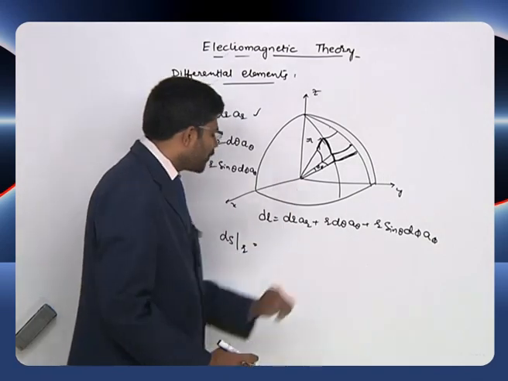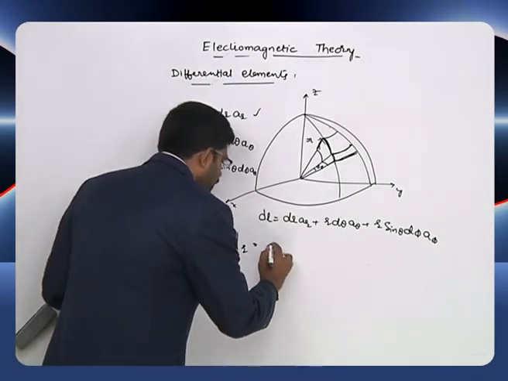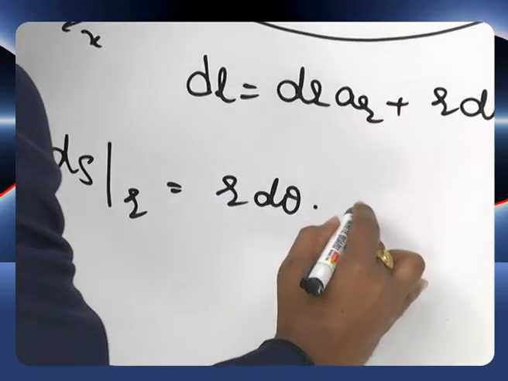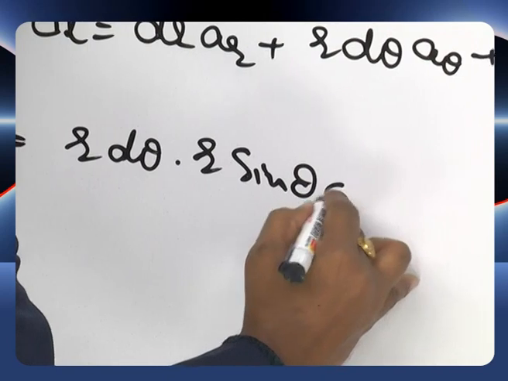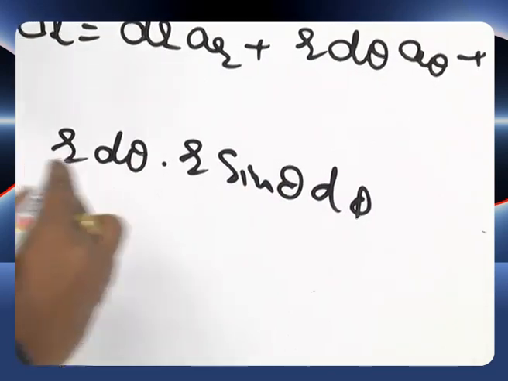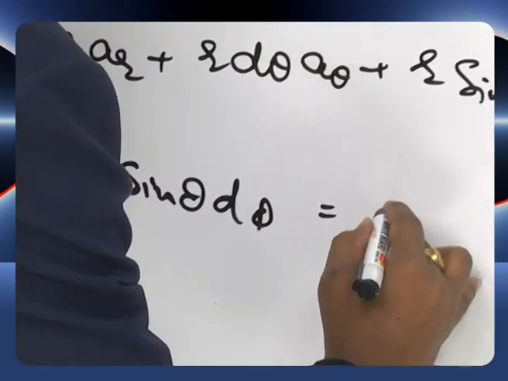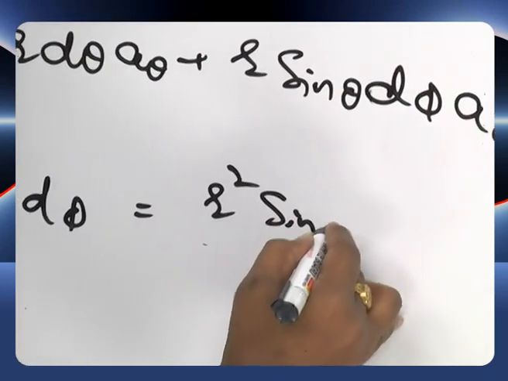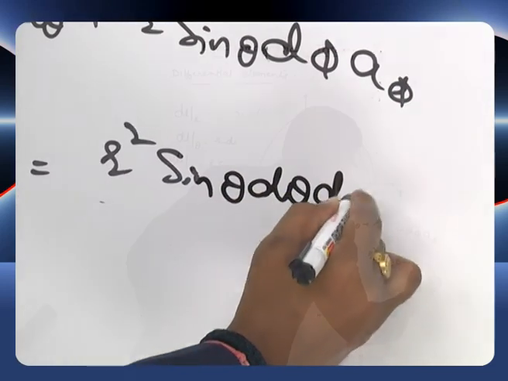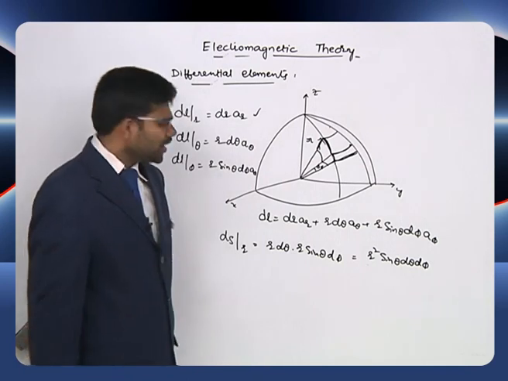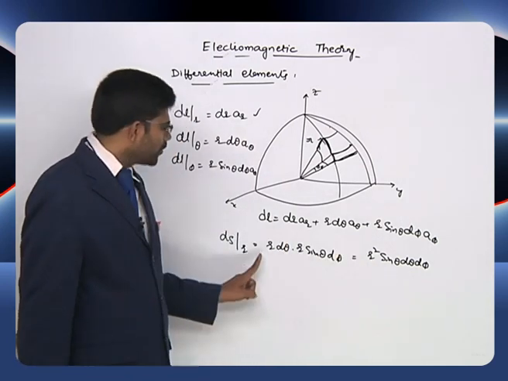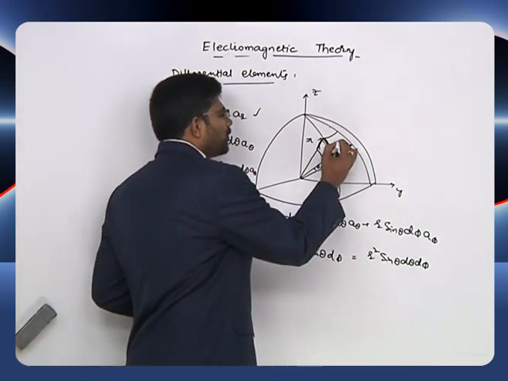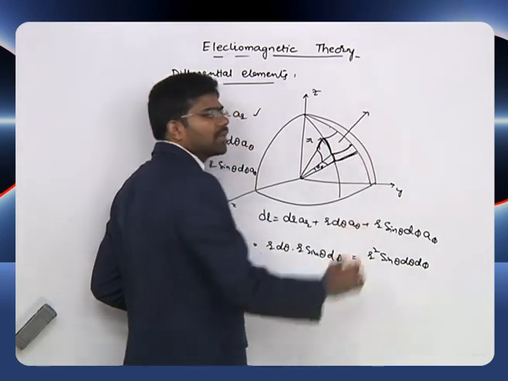So r d theta multiplied with r sin theta d phi, and rearranging gives r squared sin theta d theta d phi. That is the differential surface in the radial direction. As a cross check, we will examine this case, where the differential surface in the radial direction is like this.